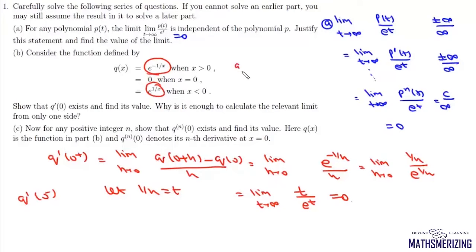So suppose we have to find the value of q of minus 2, it will be e to the power minus 1 by 2, which is the same as the value at 2. So this given function is an even function. So we just have to calculate the limit from only one side. So this q dash 0 exists and its value is simply 0.